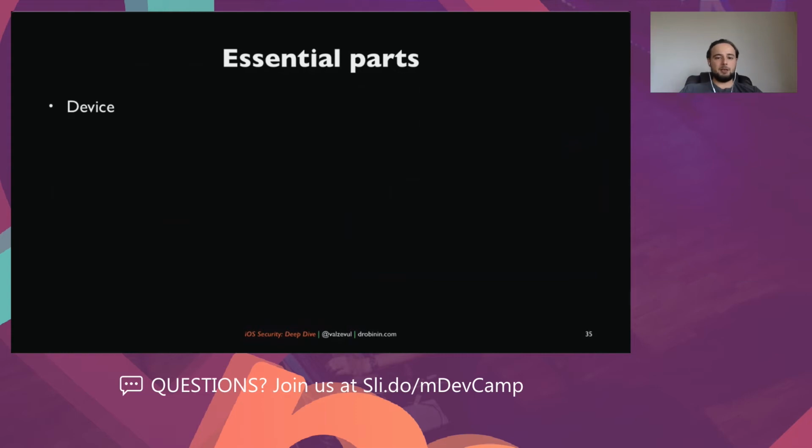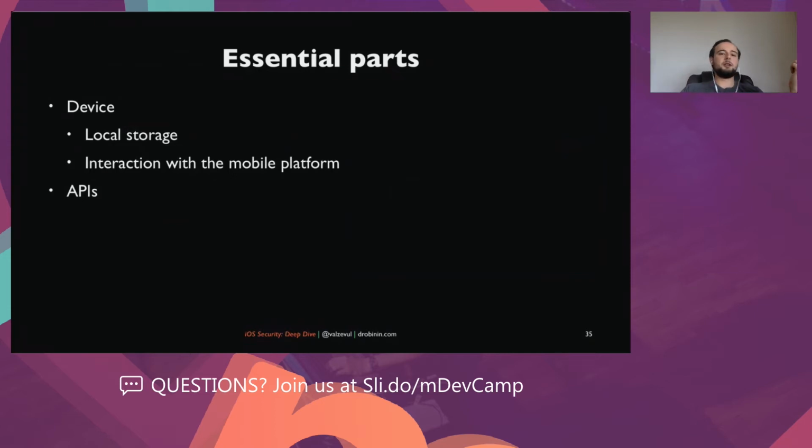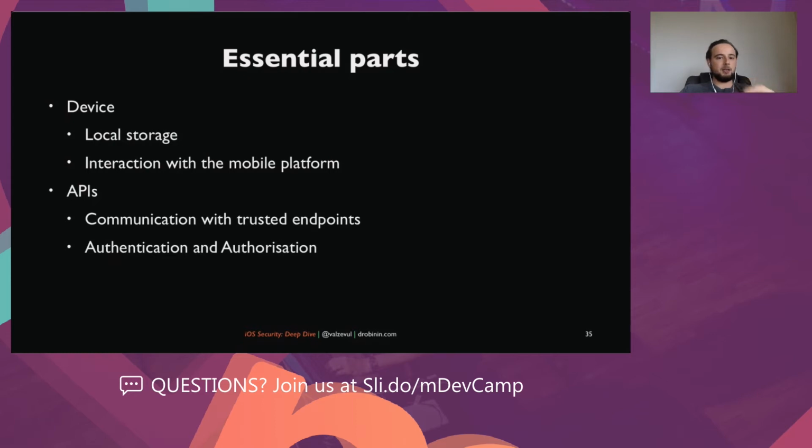These main parts include the device bit, which is the local storage, and the interaction with the platform. They include the various APIs, as in communication with trusted endpoints, for example, which is where most of the data is leaking out, or the authentication and authorization locally on the phone, or the prevention of these things like the anti-reversing mechanics.